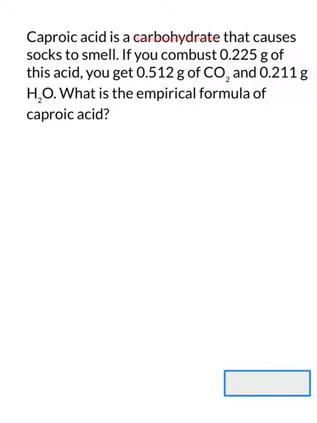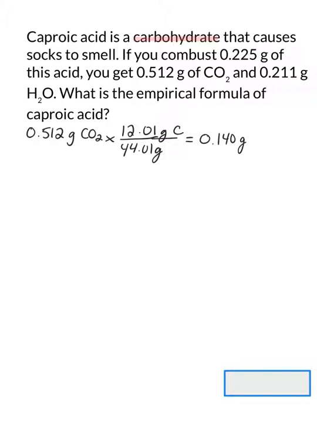So the beginning part here is going to be much the same as before. I'm going to start with 0.512 grams of CO2. For every 44.01 grams of CO2, I get 12.01 grams of carbon. So that math is going to give me 0.140 grams carbon. Now I'm going to do this for the water. So I've got 0.211 grams of H2O.